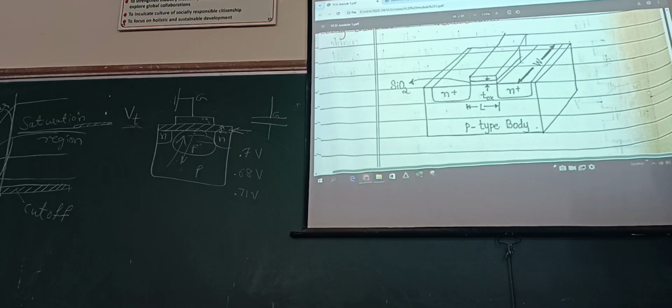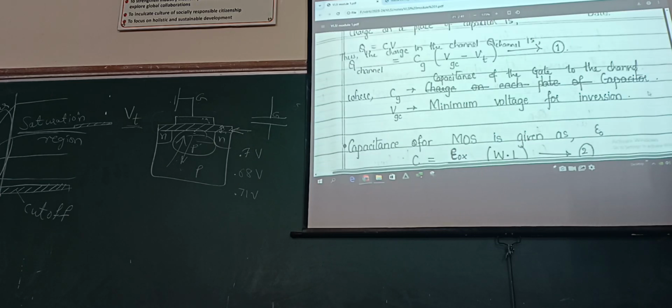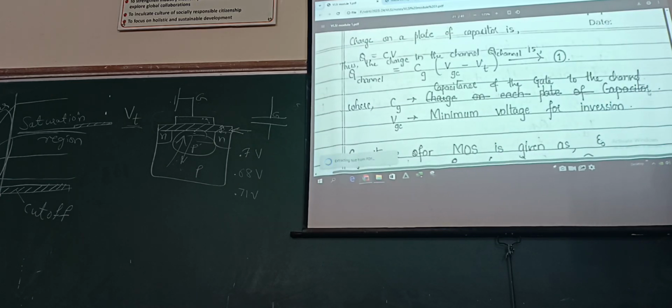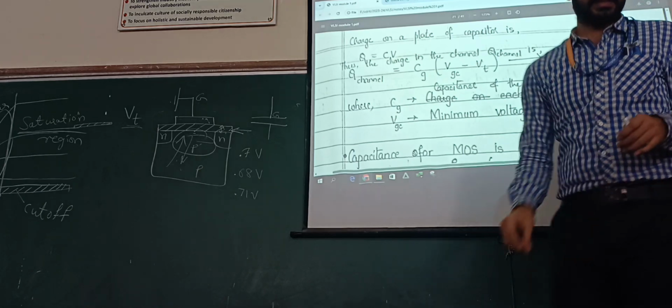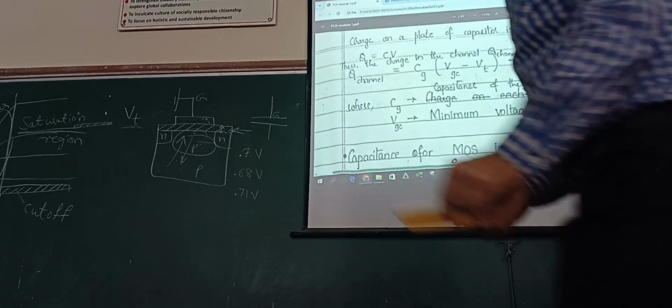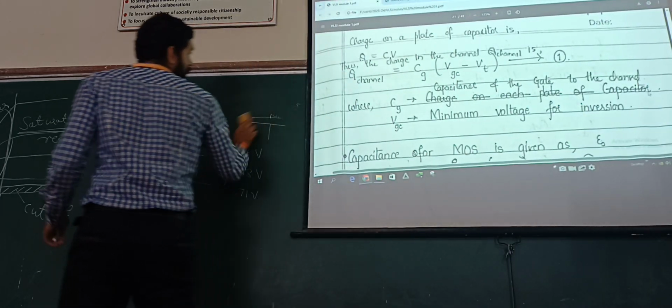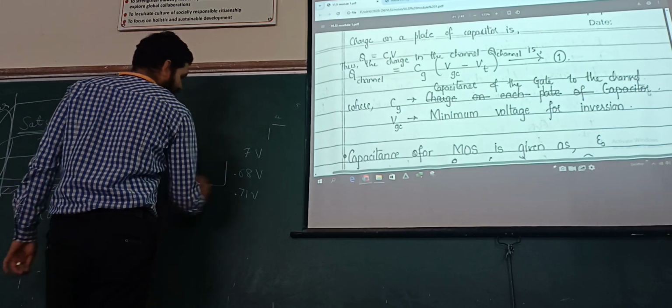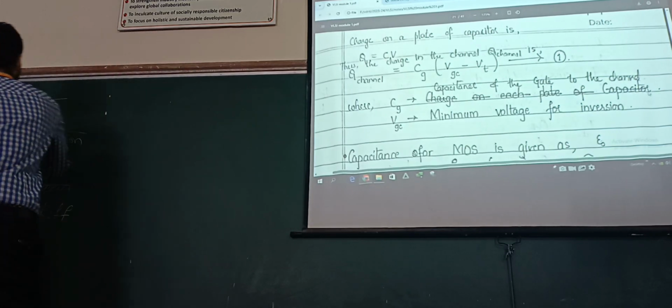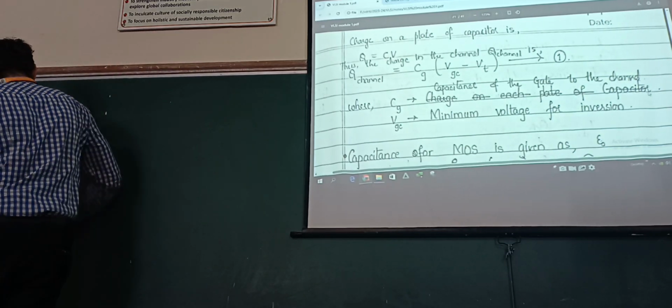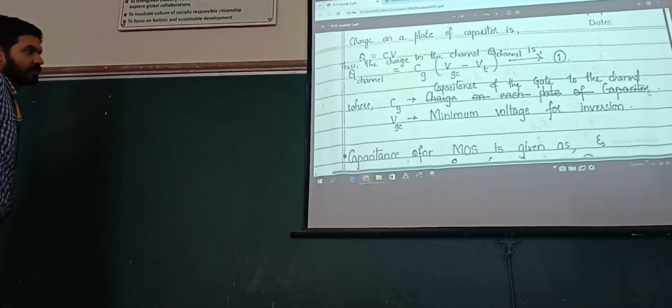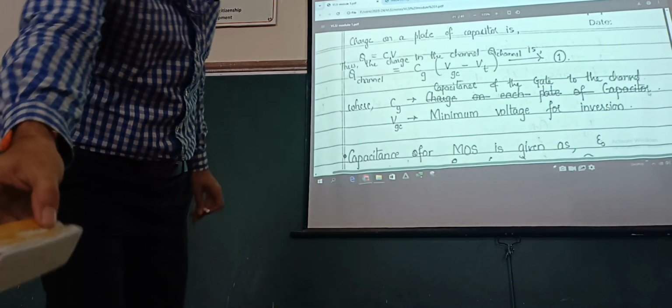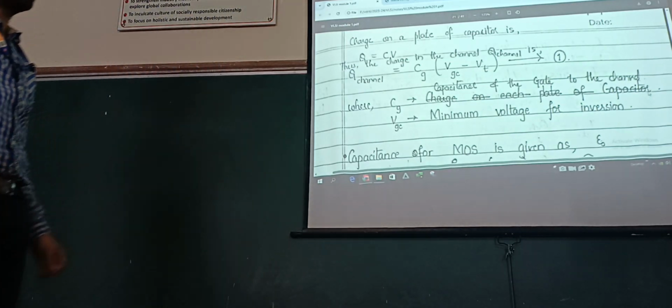Next, what we have is a few basic equations you might be knowing that I have written here. Q is equals to C into V. I think you might have come across it in PUC.